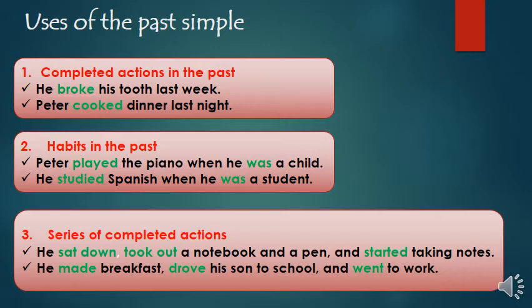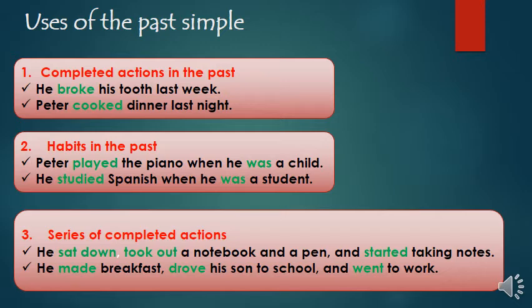The third use of the past simple tense is a series of completed actions. Completed actions means actions that already happened in the past. But series of completed actions means more than one action happening one after the other in the form of a series.